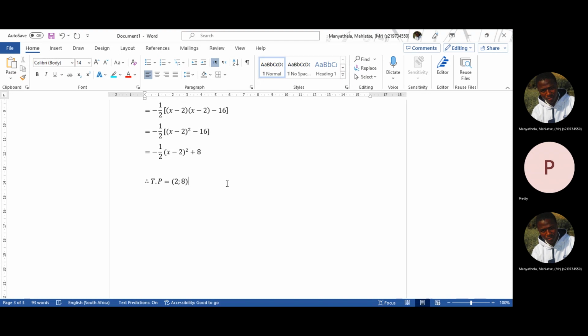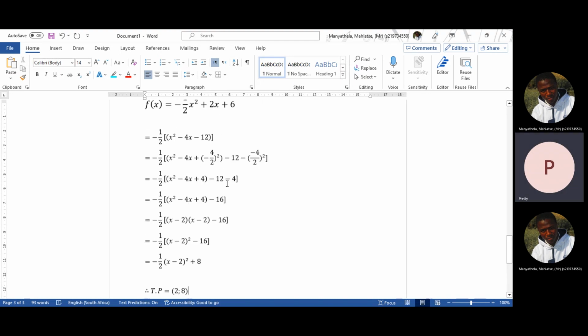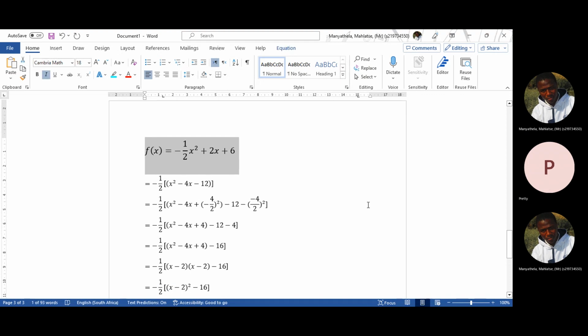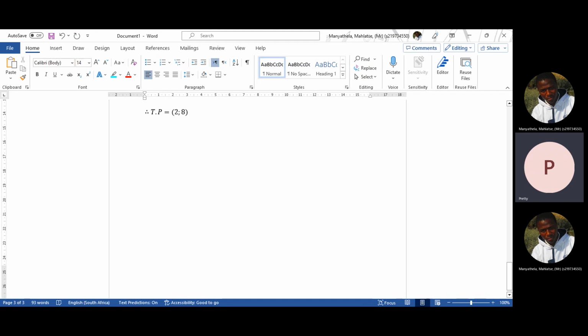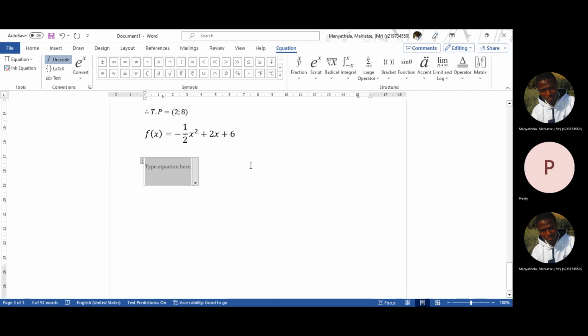Yes, but there's another way in case you don't understand this one, and we are still going to find the same thing. The equation is f of x equal to minus 1 over 2 x squared plus 2x plus 6. The shortest way is to use the formula for the axis of symmetry: x equal to minus b all over 2a.